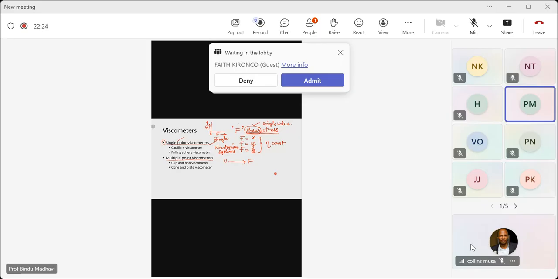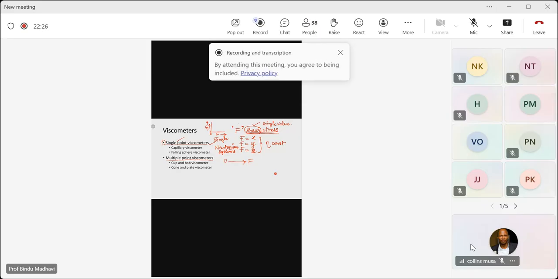Can we measure the viscosity of non-Newtonian systems by using single point viscometers? No. Because non-Newtonian systems will have a change in viscosity the moment you change the shear stress.